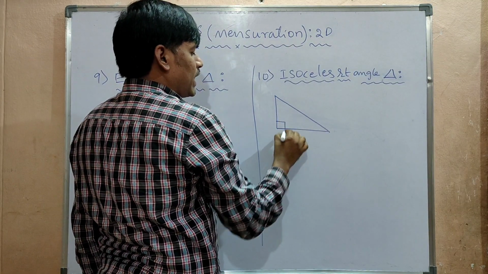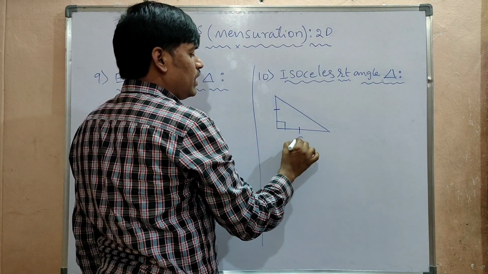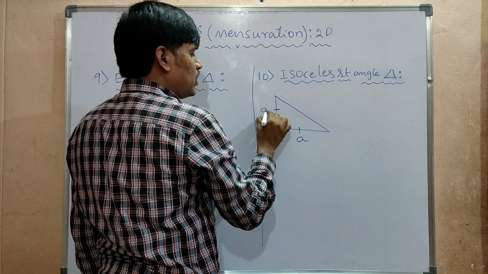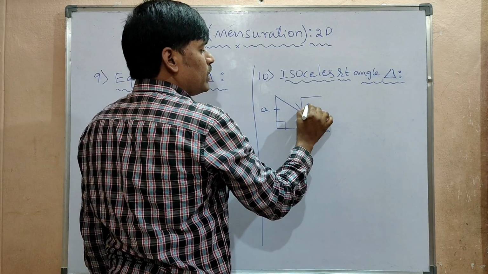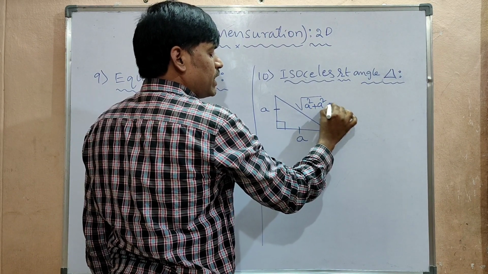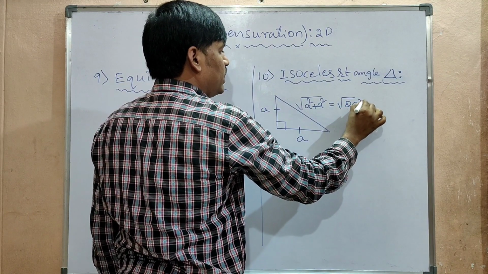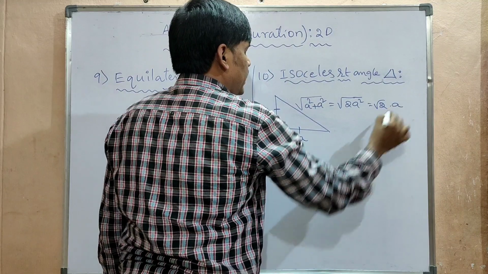Here is the right angle. These two sides' lengths are equal, that is a, here also a. Now its diagonal is under root of a square plus a square, which is under root of 2 into a square, so you will get root 2 into a.